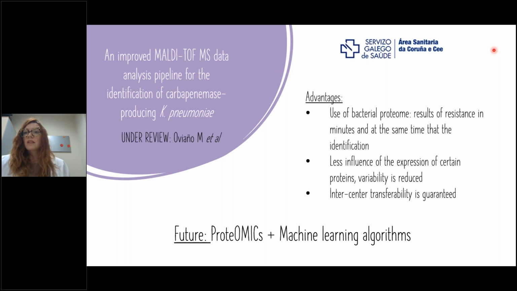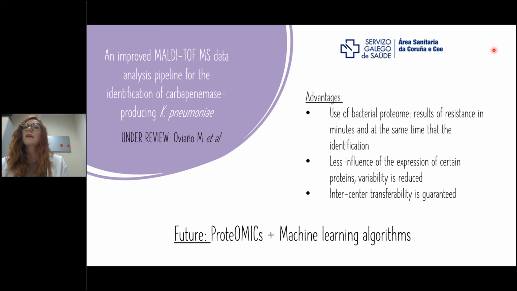The advantage is that the results of resistance are provided in minutes, at the same time as the identification. So it is very helpful, because you don't have to perform a hydrolysis assay apart from the identification. You just take the same spectrum into consideration, you perform the identification, and then you apply the different algorithms for the detection of resistance.